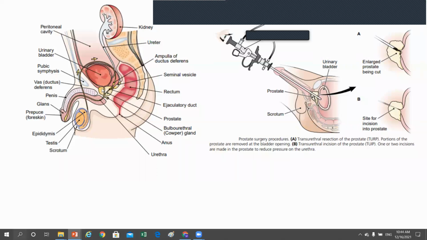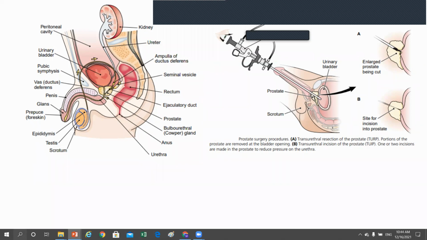This gland is very notorious. In old age, this gland can become enlarged. This enlargement is of two types. One we call benign prostatic enlargement, a benign condition.